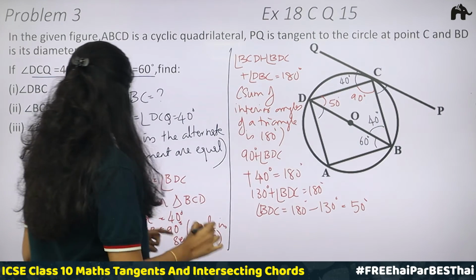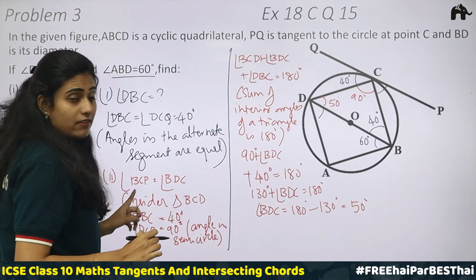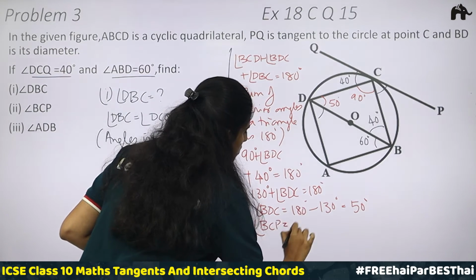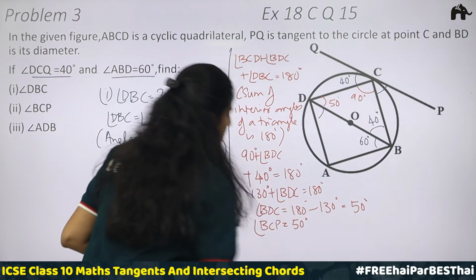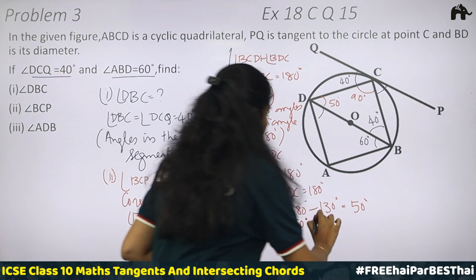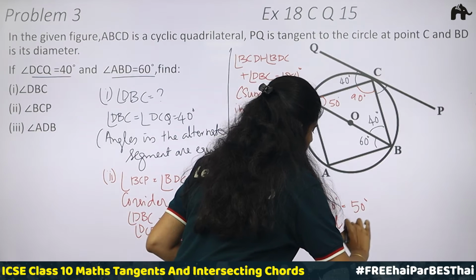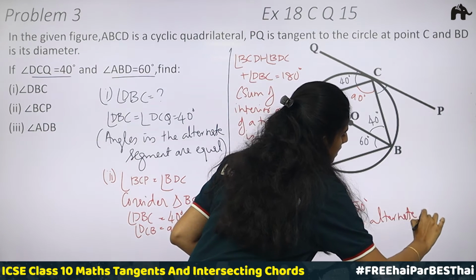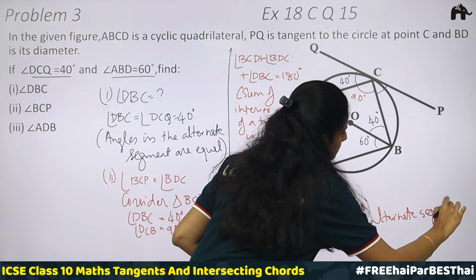If BDC is equal to 50 degrees, we will be having angle BCP also equal to 50 degrees. What is the reason? Angles in alternate segments.